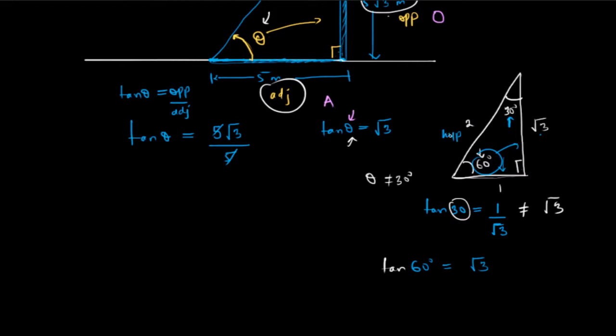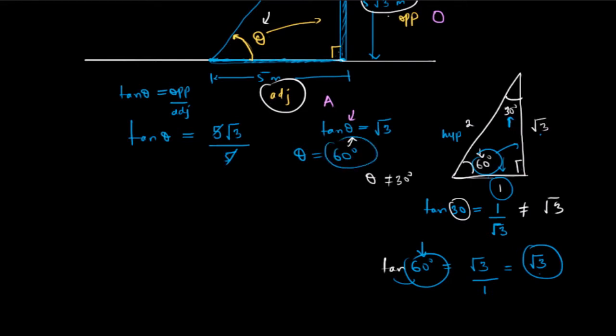We know this is the hypotenuse, while the last side is the adjacent, which is 1. So the square root of 3 divided by 1 is the square root of 3. That implies that of these two angles, it is only 60 degrees that has its tangent as the square root of 3. We were asked to find the angle whose tangent gives us root 3, and we have shown that theta has to be 60 degrees.